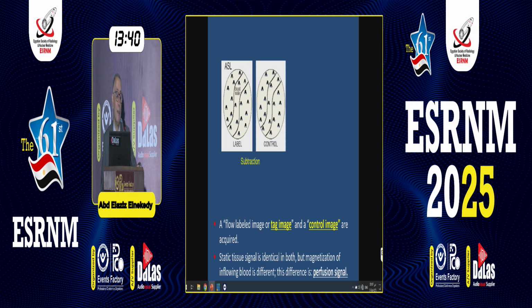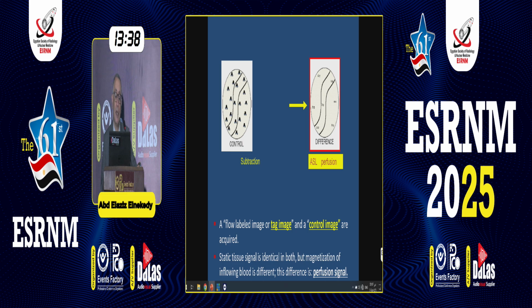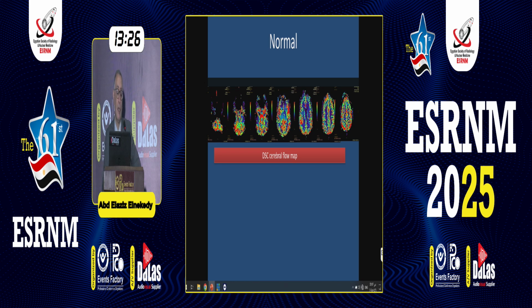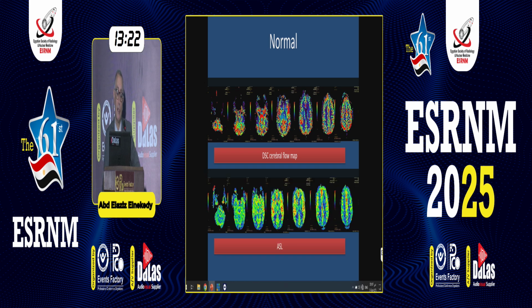If these are subtracted, we will get an ASL perfusion map. It can be presented as a perfusion map like this or a color-coded map like the one on the left side. This is a dynamic susceptibility contrast cerebral flow map, and this is the ASL map. They are almost equivalent.